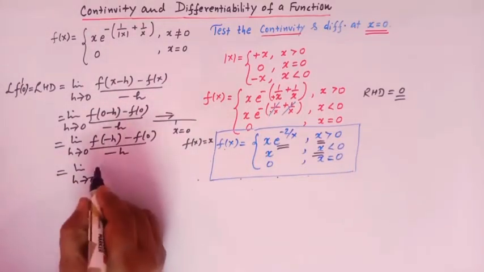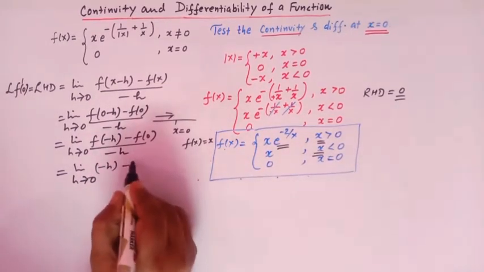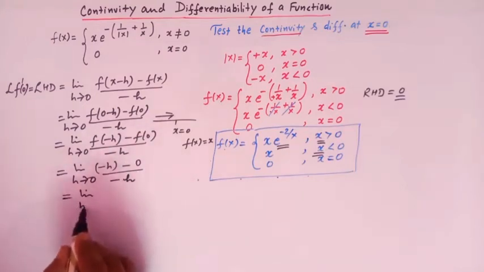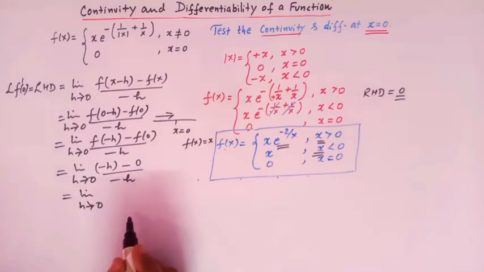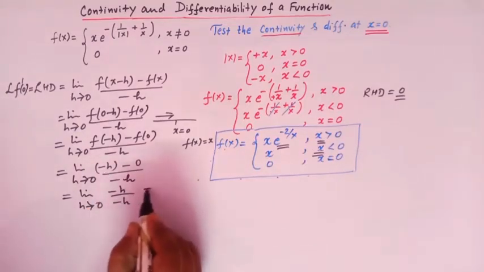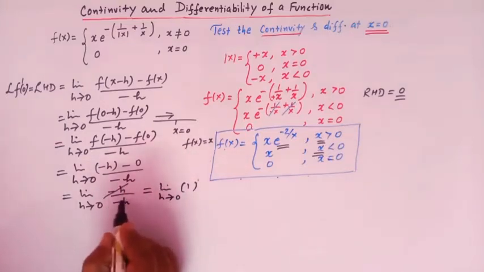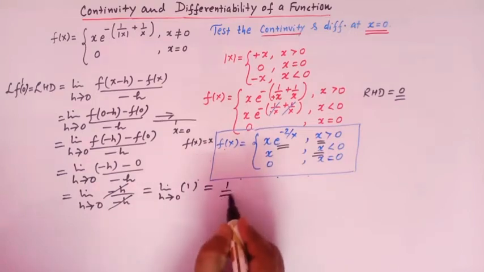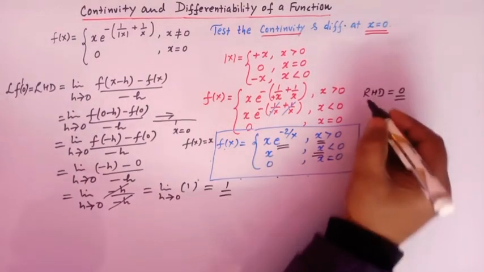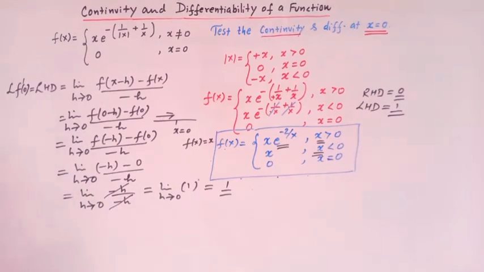So f of minus h is simply minus h, f of 0 is 0, and here we have minus h. So now we have limit h tends to 0 of minus h over minus h, and this is limit h tends to 0 of 1, because these two get cancelled and we are left with 1, right? So viewers, here we see that the left hand derivative is equal to 1, right?